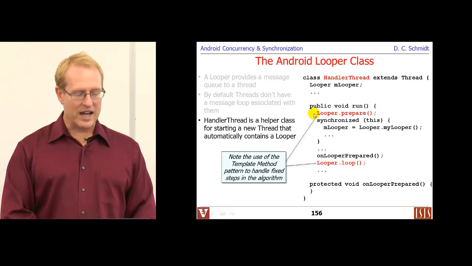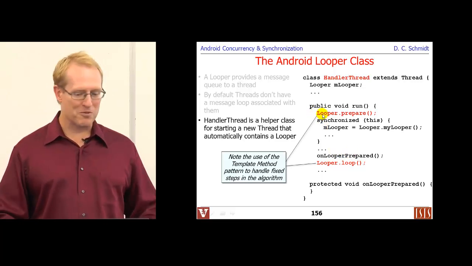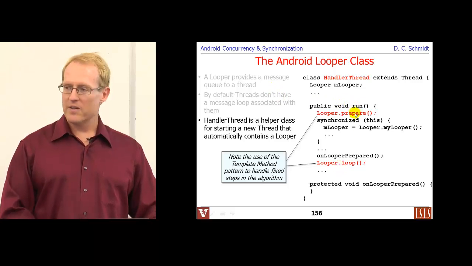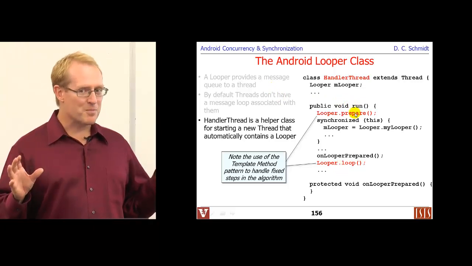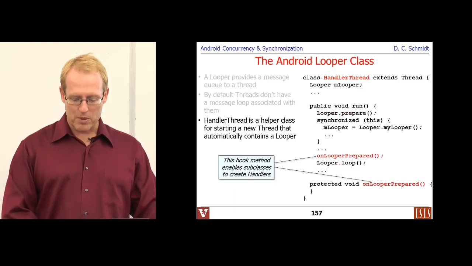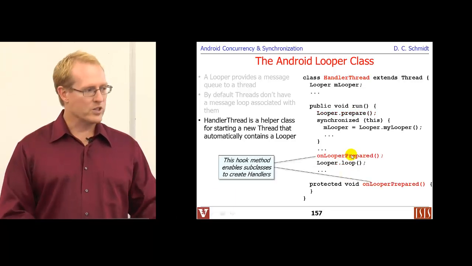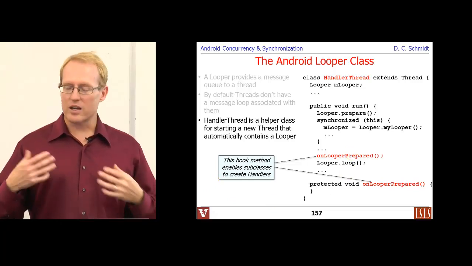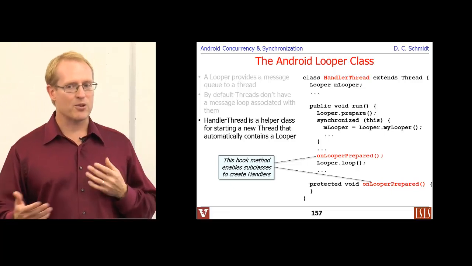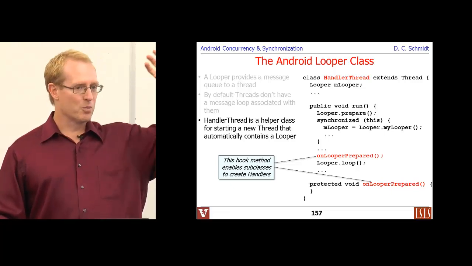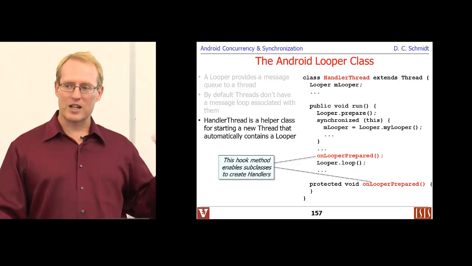And this is actually the template method pattern that we talked about before. So run is a template method. It calls prepare, and it calls loop. Those are sort of the fixed steps in the algorithm. And then it also has this onLooperPrepared hook method, which is the primitive method or the hook method in the template method pattern. And you can customize this by subclassing from HandlerThread, and you can fill in whatever you want to do between the point when Looper.prepare is called and Looper.loop is called.